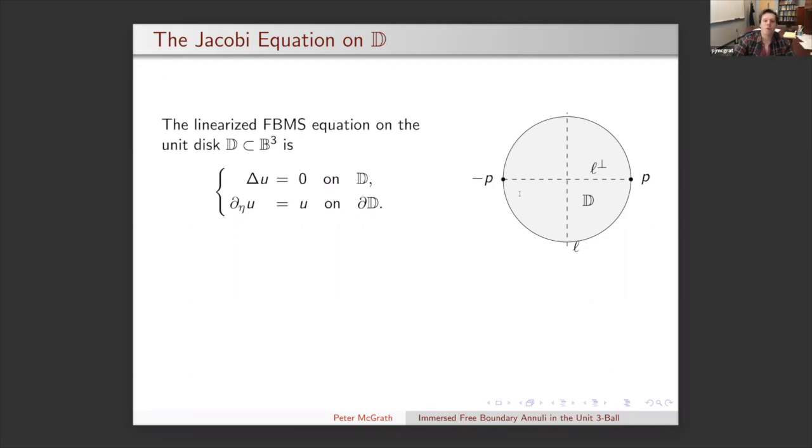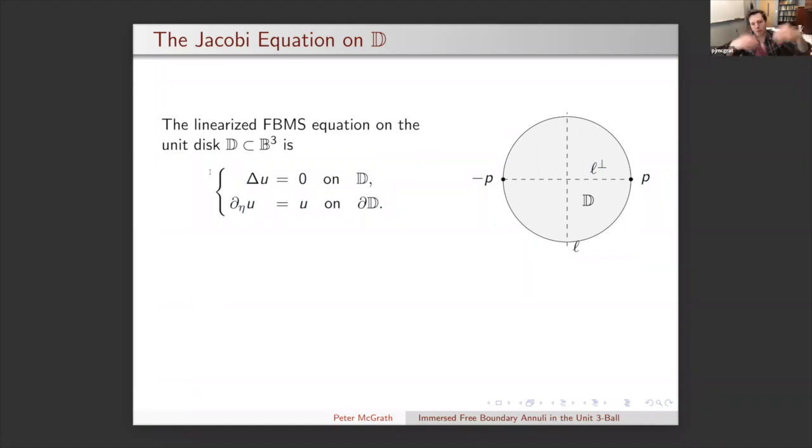If you write it down, you get harmonic functions on the disk, and then the free boundary angle condition, if you perturb, the linearized version of this is a Robin boundary condition on the boundary. So the normal derivative is equal to a function on the boundary. I call a function that satisfies this boundary value problem a Jacobi function on the disk.